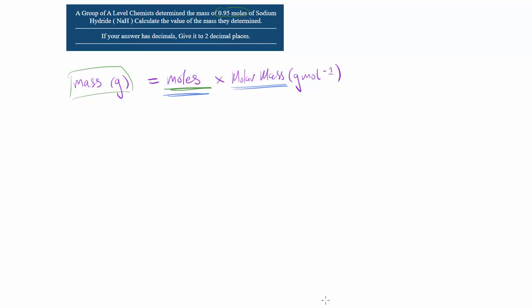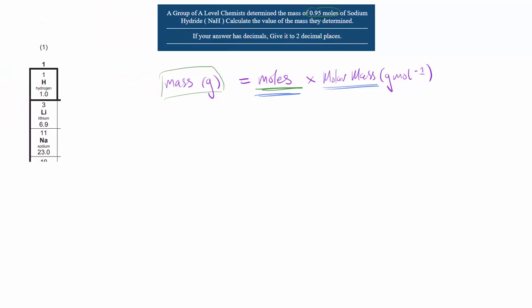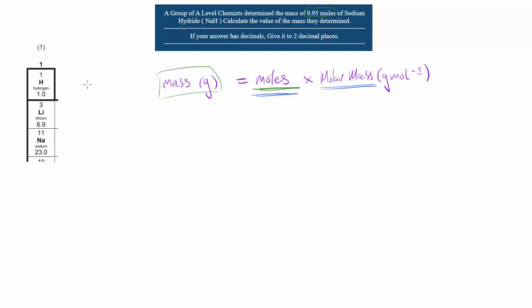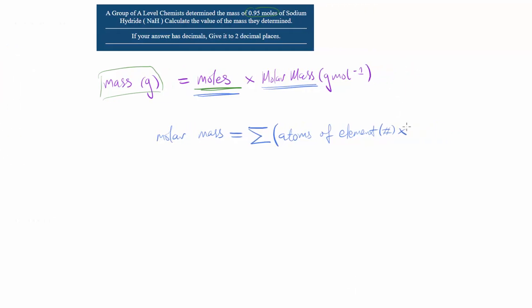Now the formula, so if we just refer to a segment of the periodic table here, the formula which we're going to need to use is the fact that the molar mass is equal to the sum of the number of atoms of the element multiplied by the relative atomic mass of the element, right?